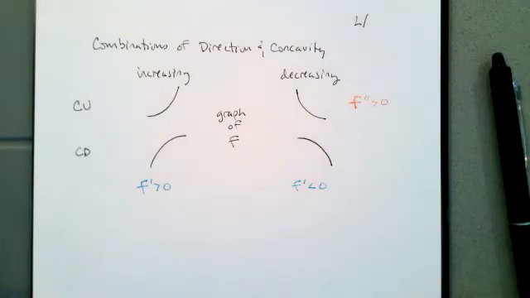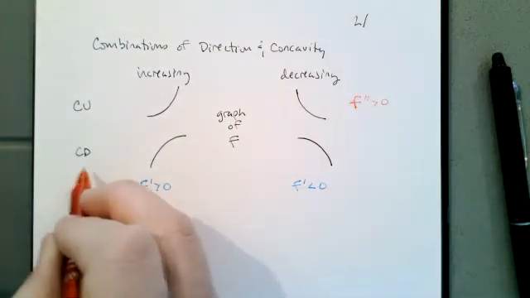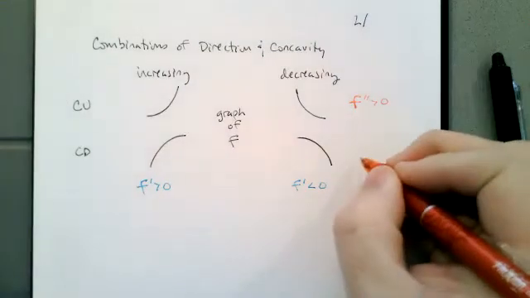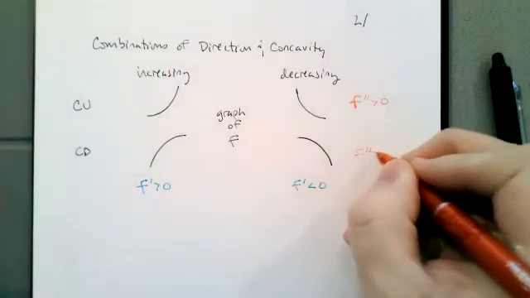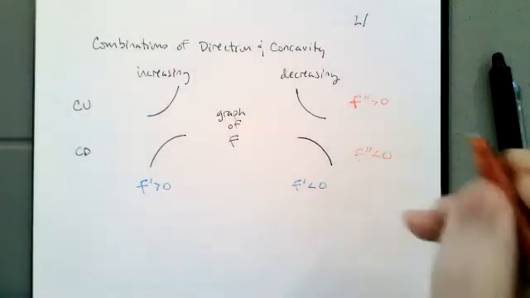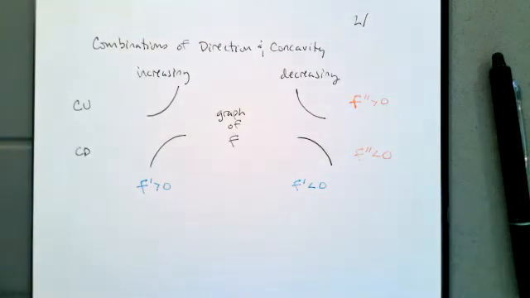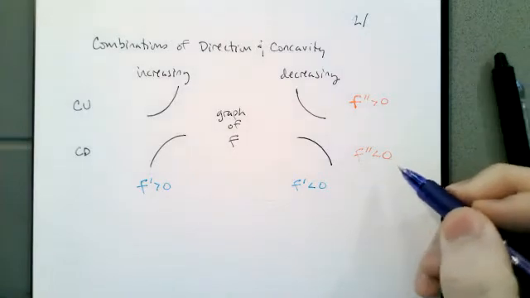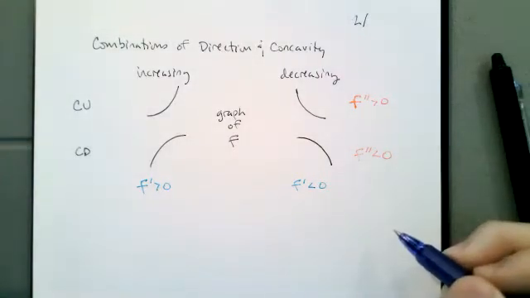So if we look at the graph of the second derivative, it'll be above the x-axis. And when the function is concave down, the second derivative will be negative. So we look at the graph of the second derivative and it will be below the x-axis.